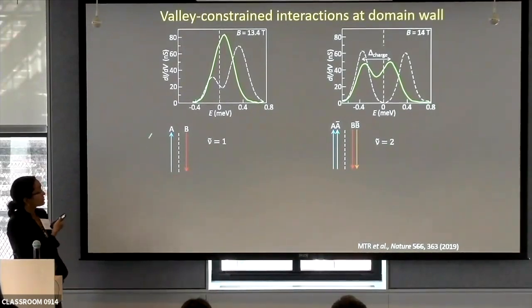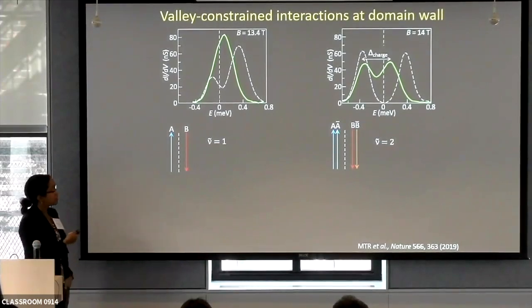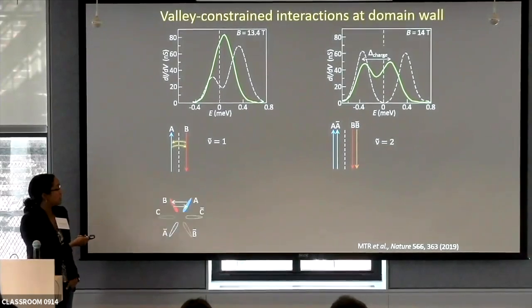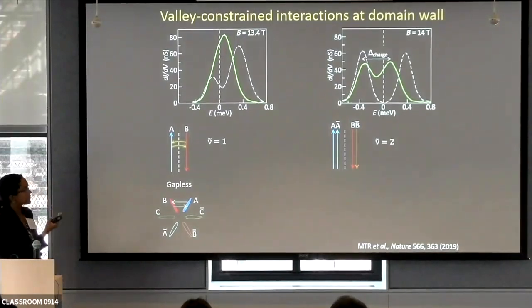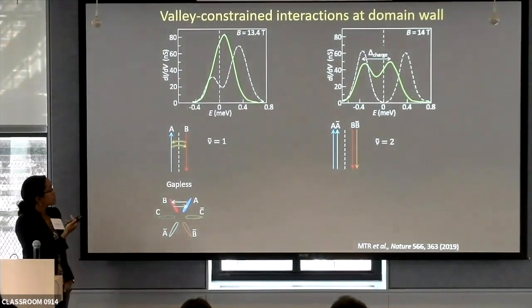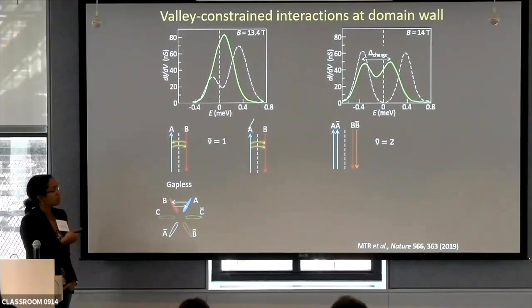So first, if we just look at the case where we have one set of counterpropagating modes at the domain boundary, here is some interaction which takes A to B but B back to A. This is some gapless process. And so it would just keep the states gapless as we see. We could also expect some kind of effective backscattering type of process where we have states in valley A going to valley B just as some interaction.